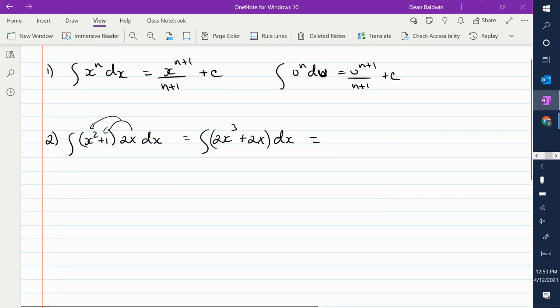Well, what's the rule? We just saw it right here. Add 1 to the exponent, divide by that new exponent. So you get 2x to the 4, divide by 4, plus 2x squared, divide by 2, tack on a plus c.